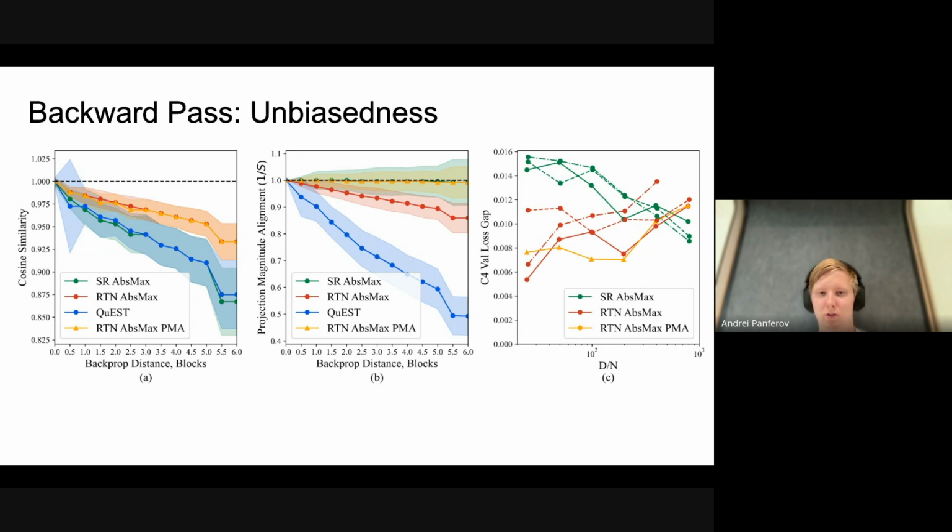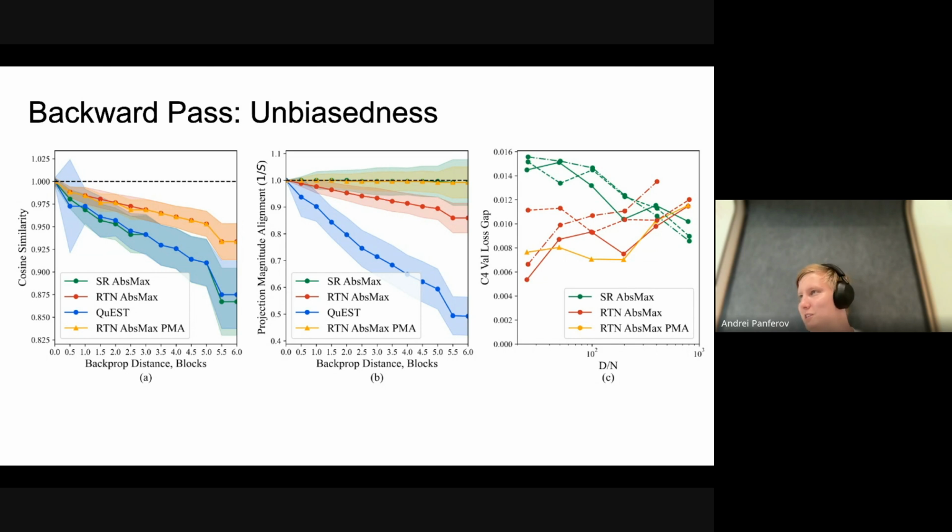Without going into too much detail, we show that the stochastic rounding backward pass scheme leads to better convergence at high data saturations, meaning that the longer you train, the better it becomes relatively. Whereas round to nearest quantization, which is slightly less noisy but biased, leads to better initial convergence, but it falls behind stochastic rounding as you increase the training duration.